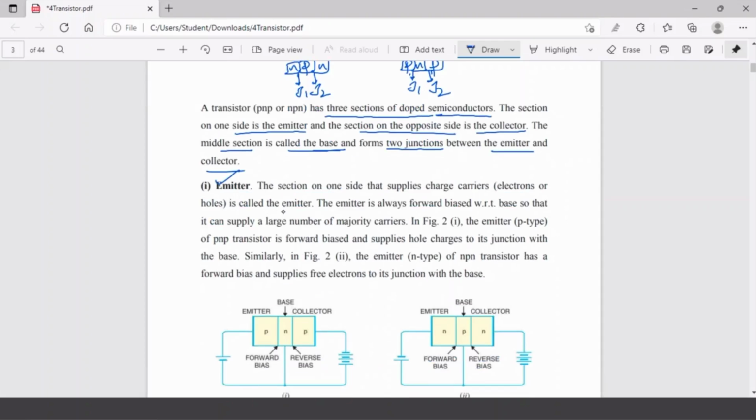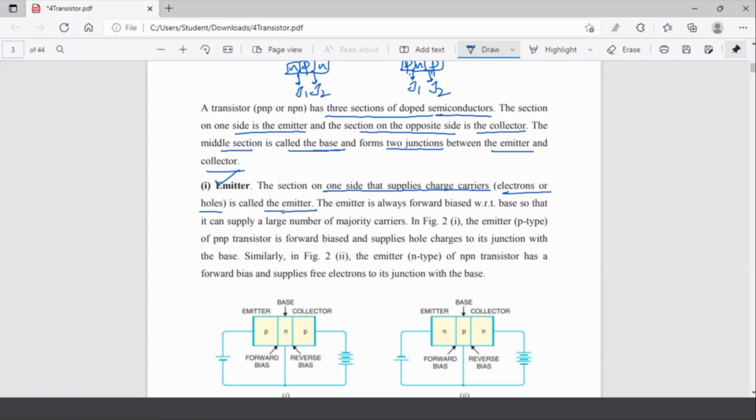Now let us see the first layer, which is the emitter. The emitter layer is on one of the sides and supplies charge carriers. This region is in charge of, or responsible for, injecting the charge carriers. These charge carriers may be either electrons or holes. You should note that. Don't just think that whenever it is supplying charge carriers that it is electrons. In a PNP type it will be holes.